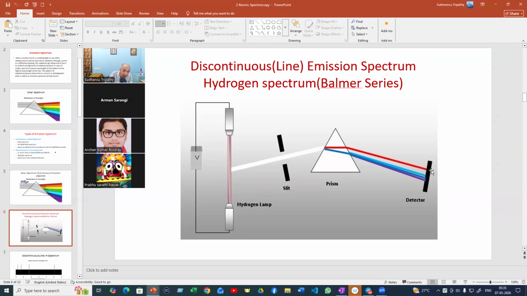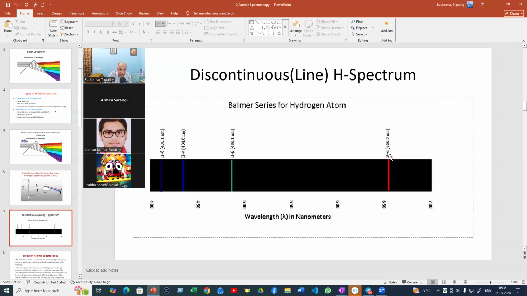One line at the orange region, the other line at the blue region, then the indigo region, then a few lines. Maybe 4 or 5 lines you can distinguish, others you will not. We will study more about all these in our next program, the hydrogen spectrum. So the first line here is in the red region, actually orange region, then in the blue region, and finally in the violet region. This is the hydrogen spectrum.